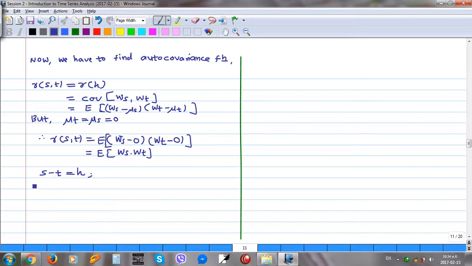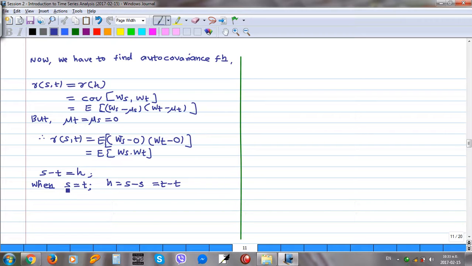Now suppose when s equals t, so we can write h equals s minus s, or we can take t minus t also, right?